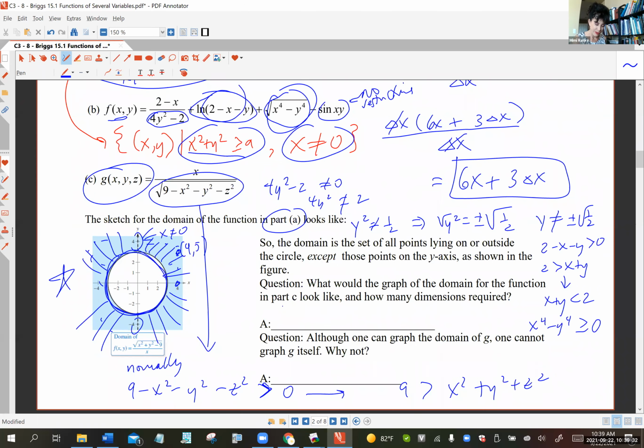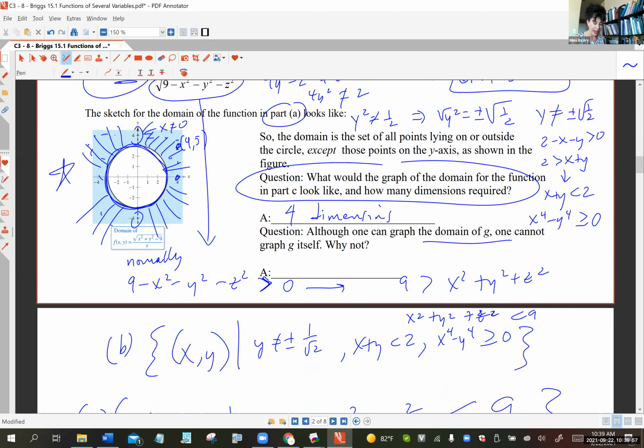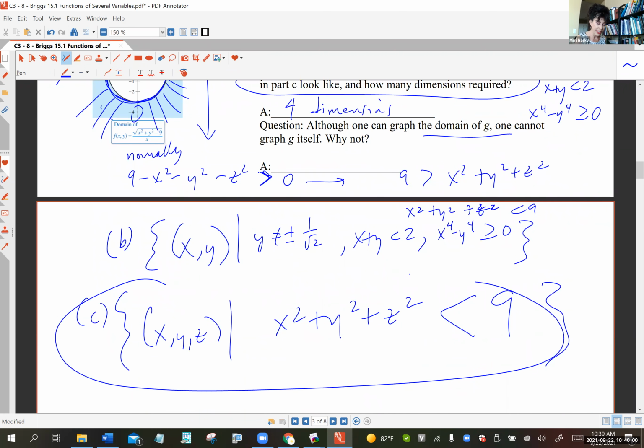So it says, if we were trying to graph the function for part C, how many dimensions would we be required? 4 dimensions. You can't visualize the graph. Now, the domain you can graph, because the domain of that G function lives in 3D, because it's the set of ordered triples that satisfy this answer we got down here.